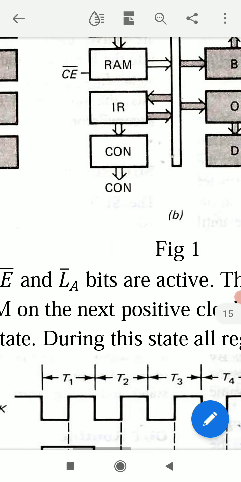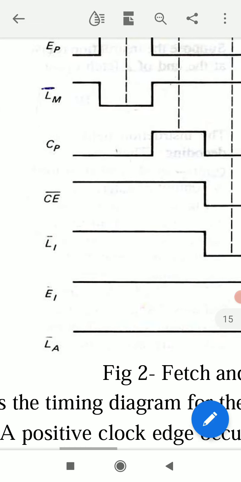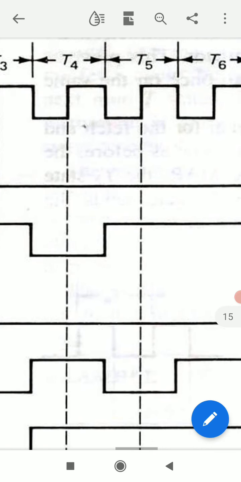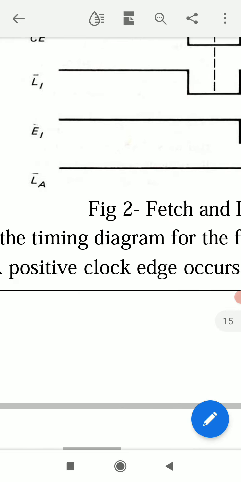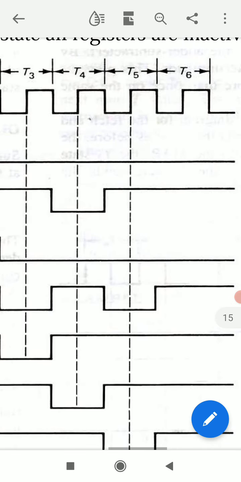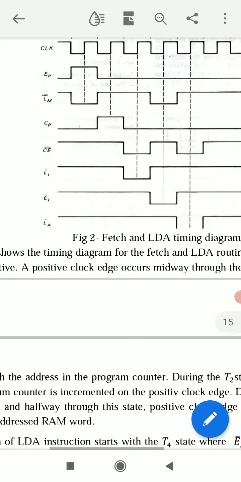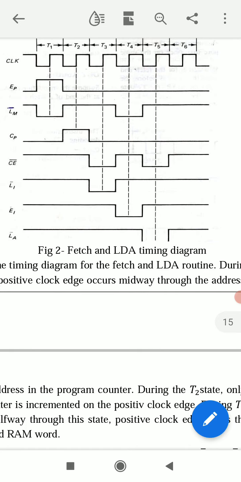This is CE bar and it is 0 in T5 state, and this is LA bar which is 0 in this T5 state, and in T6 state all bits must be inactive. So this is fetch and LDA timing diagram.